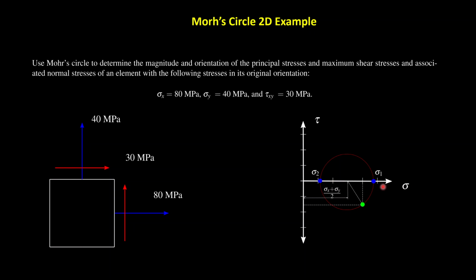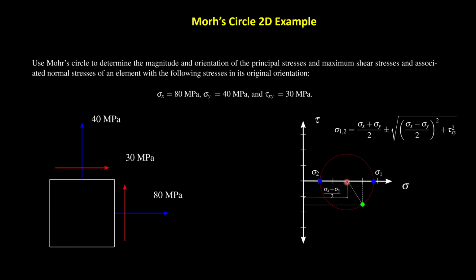However, we saw in the previous lessons that the value of these stresses is represented by this formula here. If you take a look at the formula, you are going to see that the first term represents the center of the circle, and that is this one here. The second term represents the radius of the circle, meaning that if I add the center plus the radius, it's going to get me to the first principal stress.